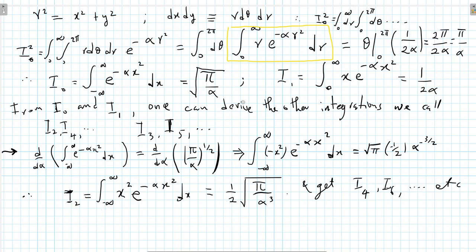And if one were to start with I1, differentiate both sides of this formula, then one can obtain a formula for I3 and I5 that way. Okay, I hope this is going to be useful.